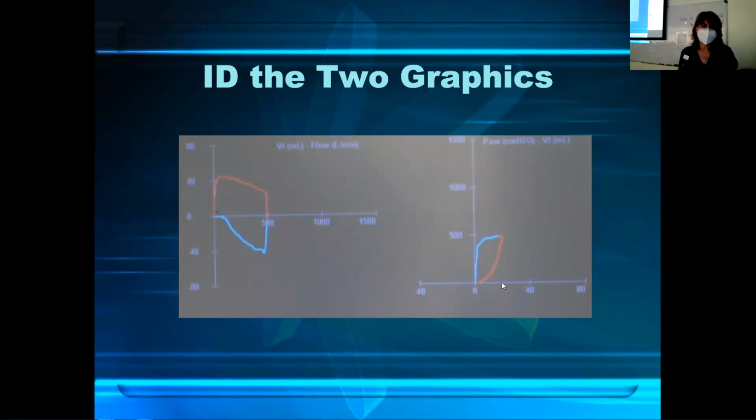So you're going to have to make a giant guess here. Well, here's 0 and here's 40. Yeah, maybe like 20 centimeters water. And how much volume gets delivered? 500. So you look at the maximum, the highest it goes, and that's the amount of volume that's delivered.